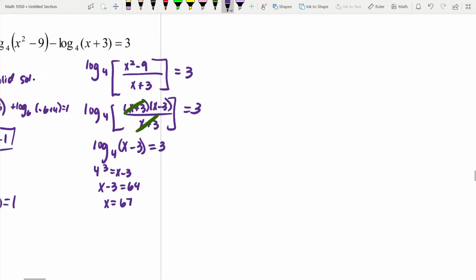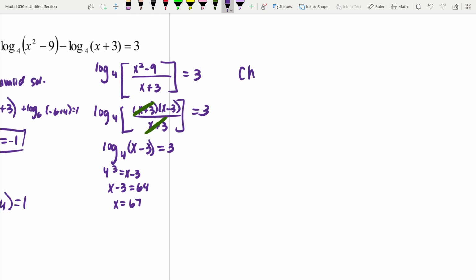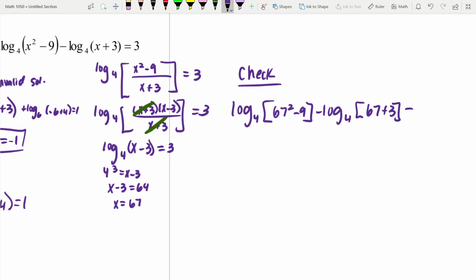Am I done? No. Write the word check. Everybody go log base 4, bracket, 67 squared minus 9, close your bracket, minus log base 4 of 67 plus 3, close your bracket, equals 3. Let's check it. I really want you to know how to check it so you can get it right, okay?